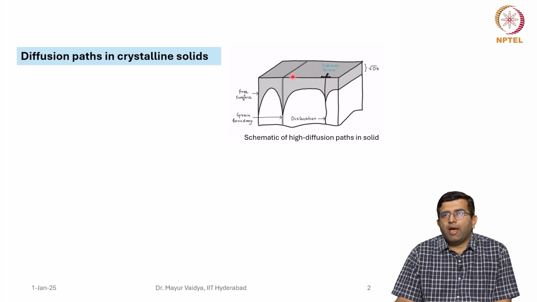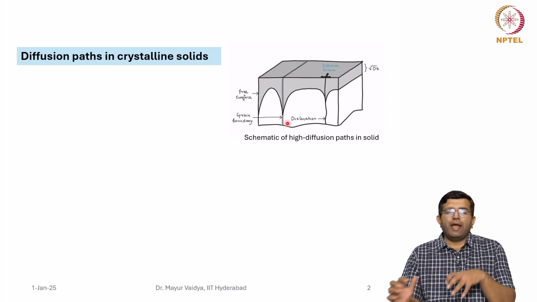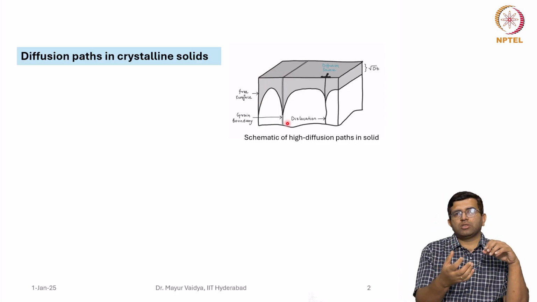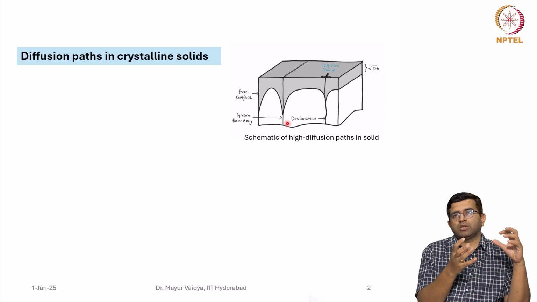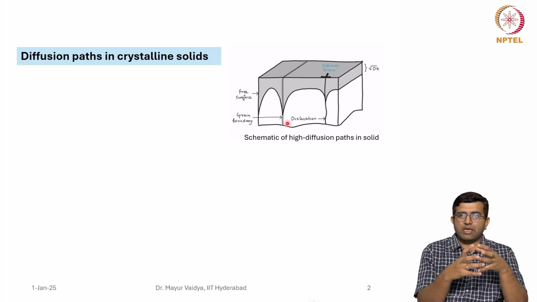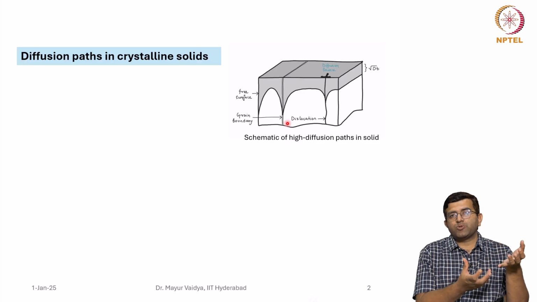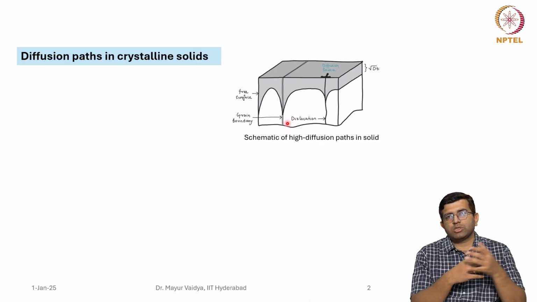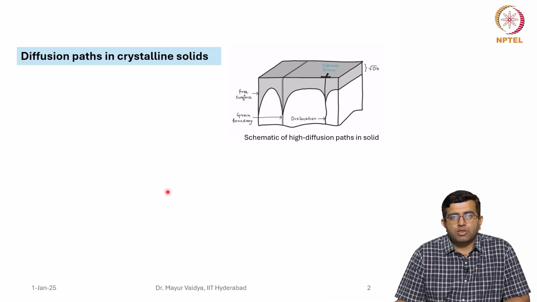Depending upon the temperature and other conditions, sometimes the contribution of these paths can be significant, so that you have to take them into account. Grain boundary, for example, contributes a lot at the lower temperatures and so on.